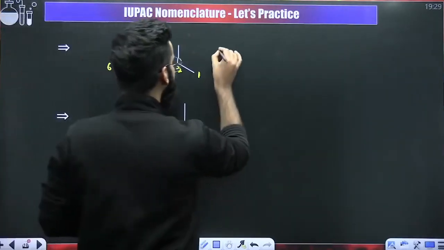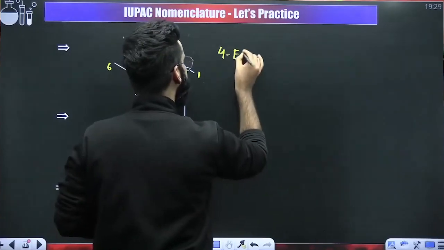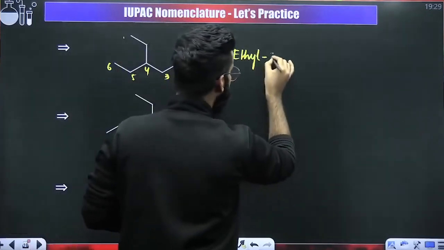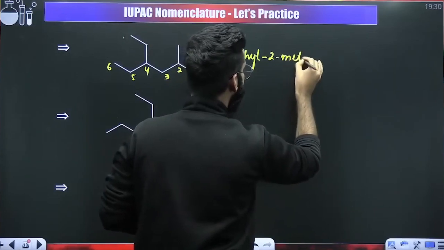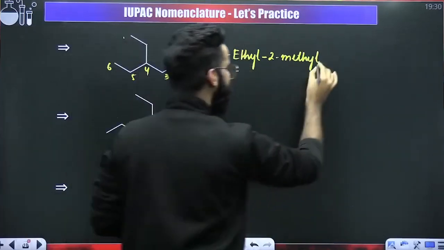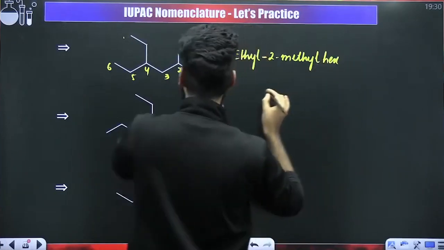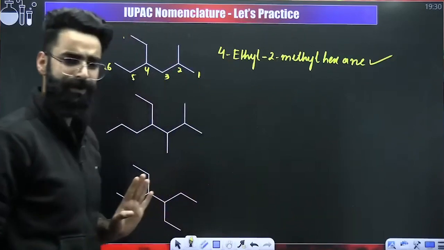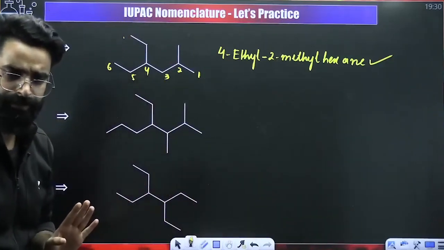So it has to be 4-ethyl-2-methyl. Then in the main chain, 6 carbon atoms, so the word root is hex. Everywhere there's a single bond, so it's going to be ane. So this is the name of the compound. As simple as that.